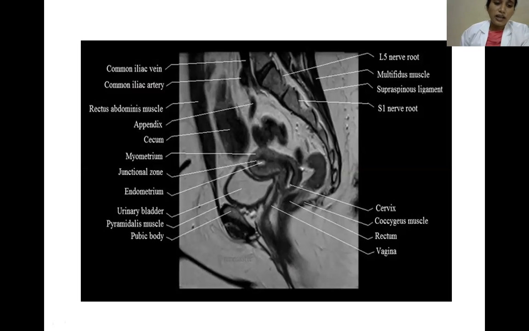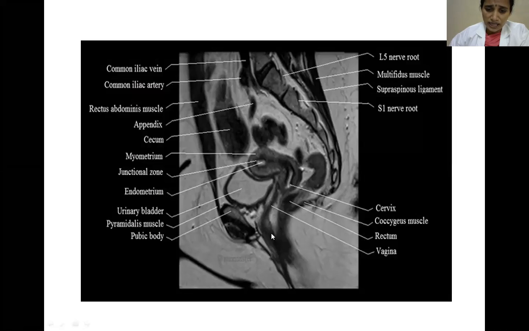So here in an MRI, what can you see? Same, you can make out this is the sacrum. Up to here, this is the fifth lumbar vertebra. This is the sacrum with coccyx. This is the pubic symphysis. This one is the urinary bladder. This is the uterus: fundus, body, cervix.